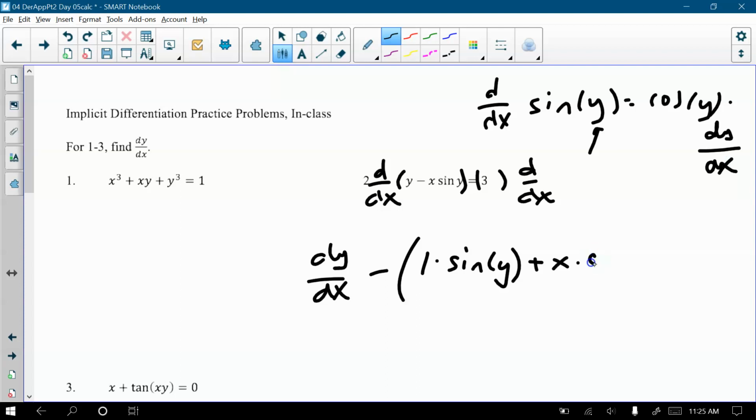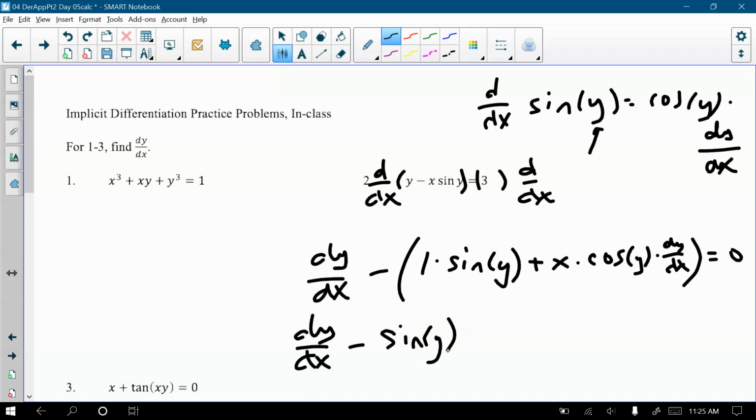So times cosine y times dy/dx, and then this is equal to 0. Okay, so now we can go ahead and do dy/dx minus sine y minus x cosine y dy/dx equals 0.